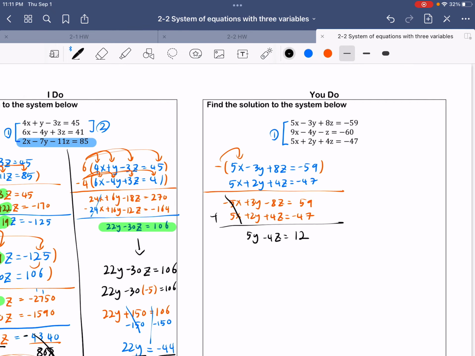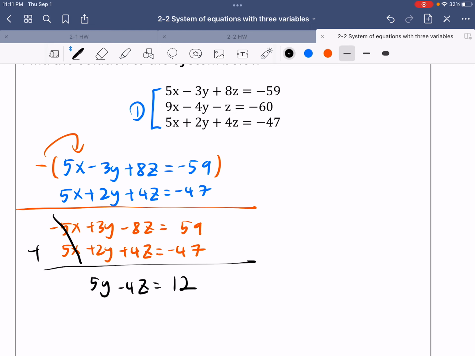Okay? Very simple. And now I gotta choose another two. It does not matter which one you choose. Let me choose these two. So 5x minus 3y plus 8z equals negative 59, and 9x minus 4y minus z is equal to negative 60.